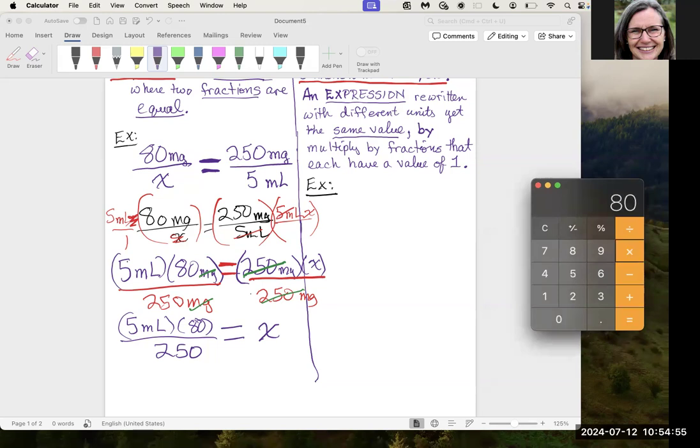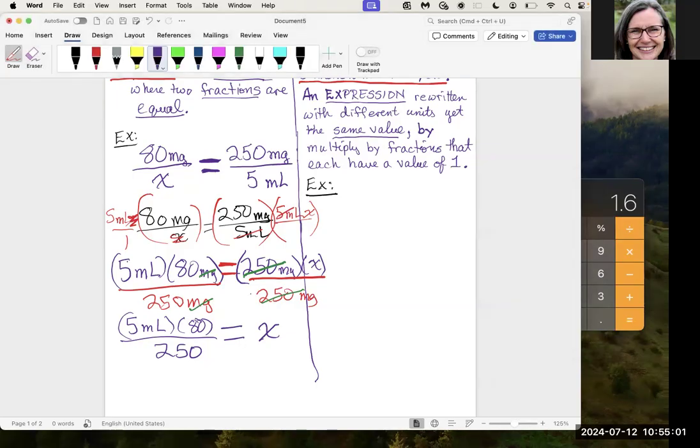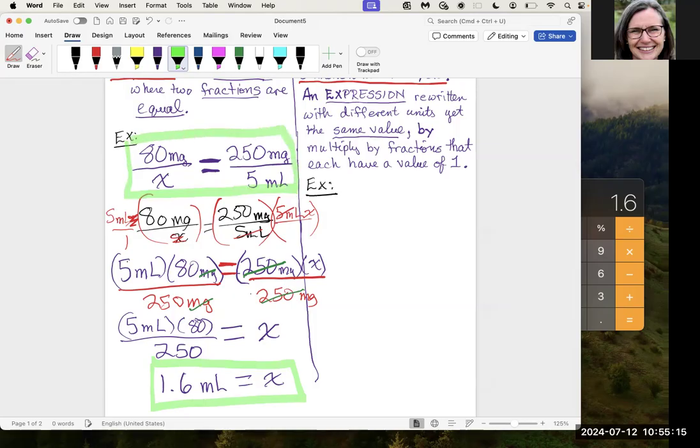Five times 80 divided by 250 is 1.6. So I have proven on the left side 1.6 milliliters is the same thing as x. That is the value that will make the original equation true.